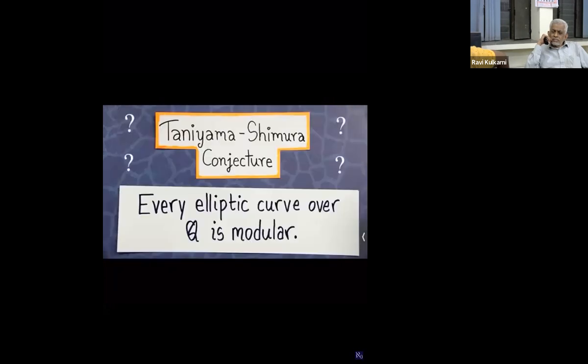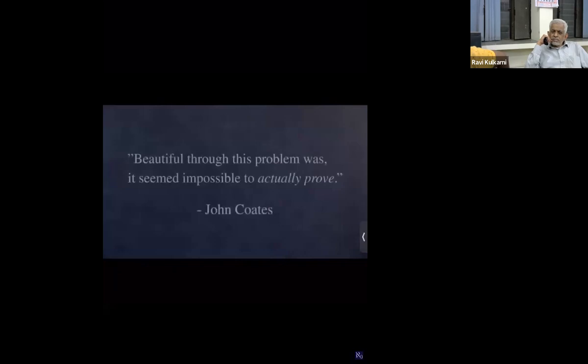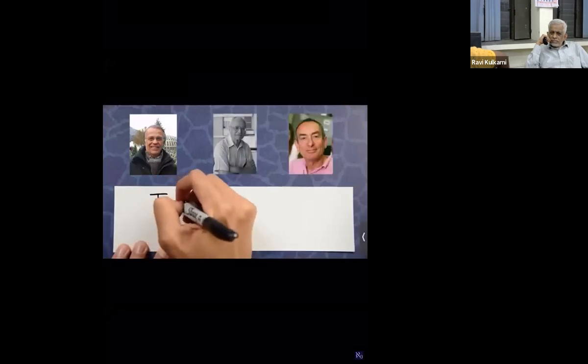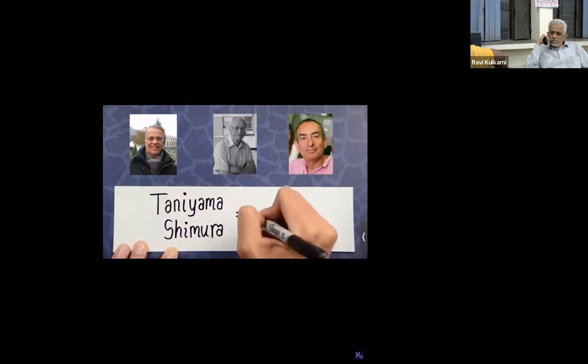Now the trouble with this conjecture is that nobody knew how to begin attacking it. John Coates, a very well-known number theorist, said, "Beautiful though this problem was, it seemed impossible to actually prove." And then 20 years later, the stakes were raised even higher when Frey, Serre, and finally Ribet showed that the Taniyama-Shimura conjecture implied Fermat's last theorem.